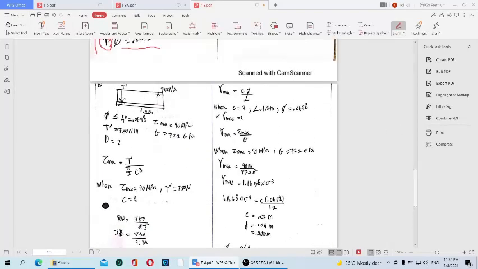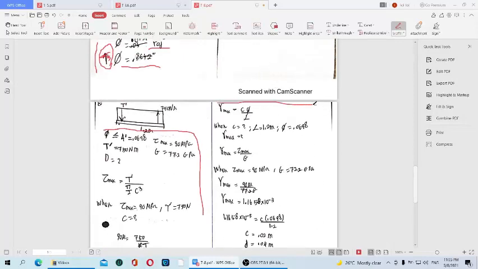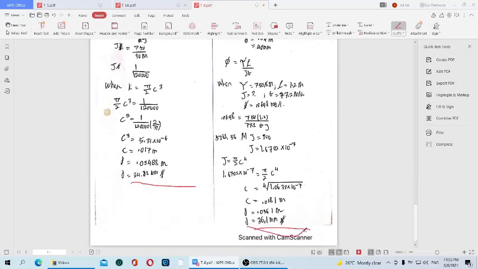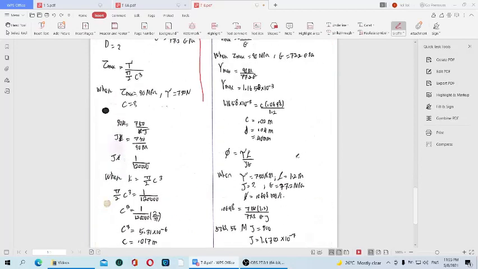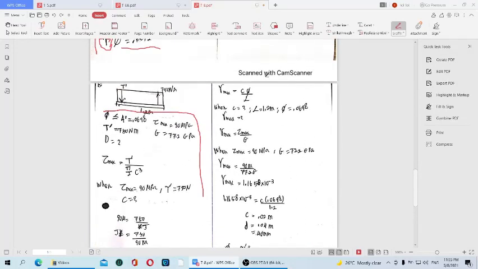But anyway, for the first one, I'm using this equation. Since the second equation is the one that gets to the answer, I'm just going to go through the second problem solving.